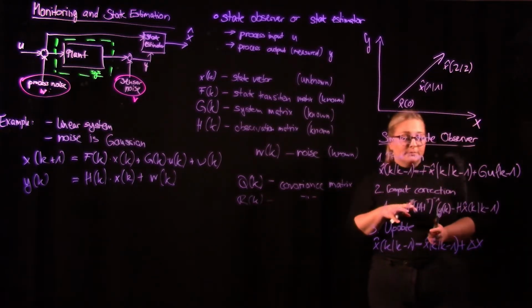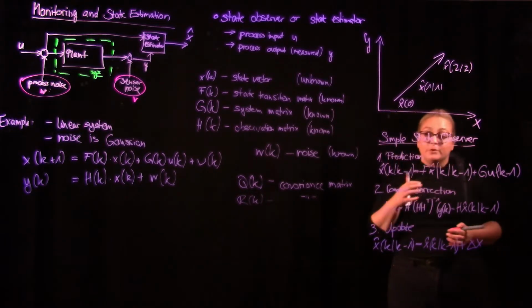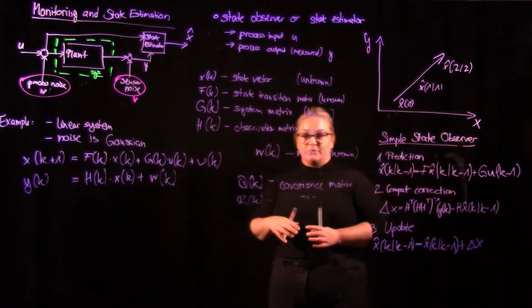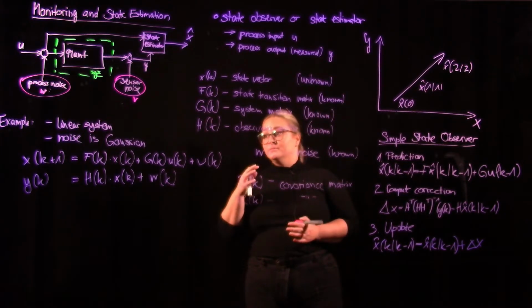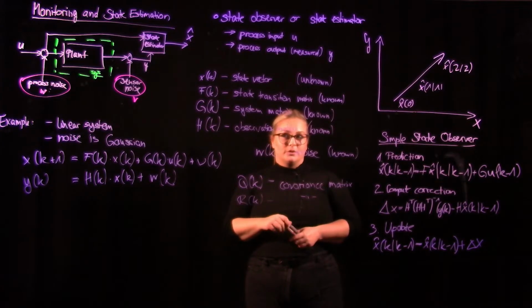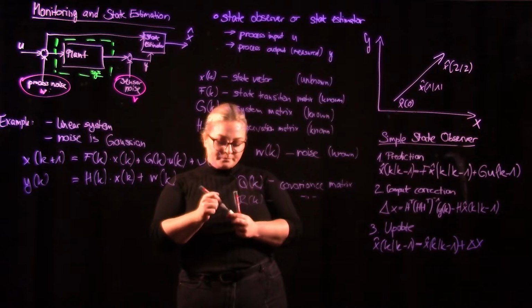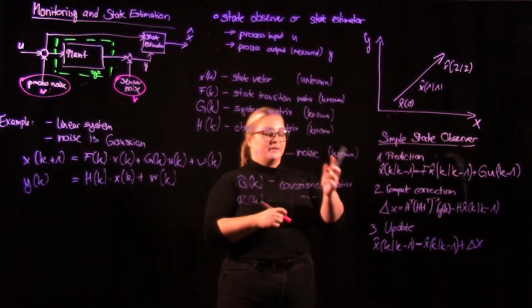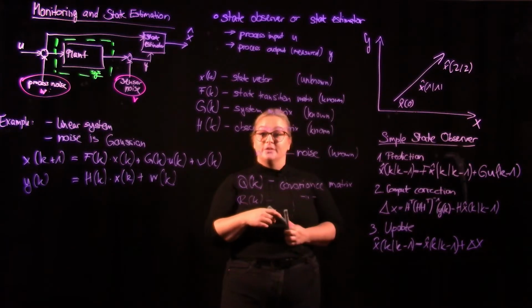But this only works for very general assumptions. If we want to use a state estimator for a more complex system, be it something that is not linear or does not have just Gaussian noise, then a simple state observer with these three steps is not enough to give a good estimation.